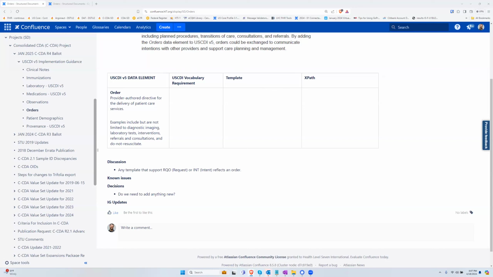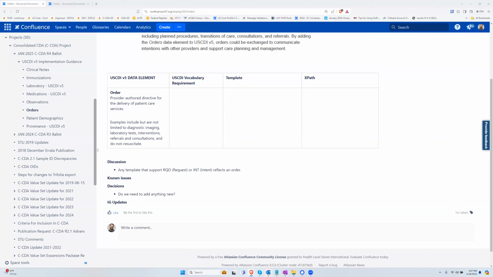It's a way to capture an intention to treat, and that's used in quality measurements, where you can order smoking cessation counseling, and that counts as an intervention, even if the patient never followed up with the smoking cessation counselor.